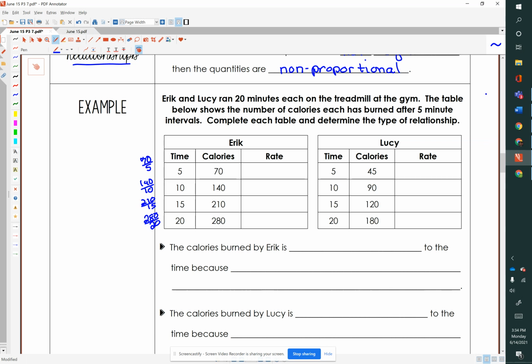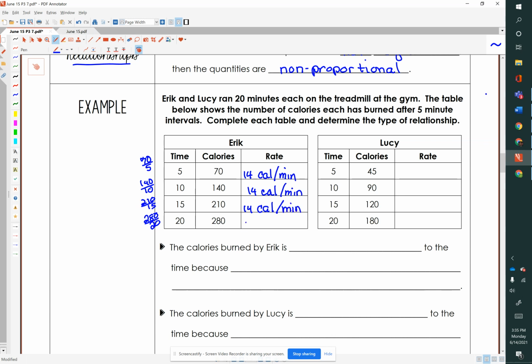When we divide 70 by 5, we've got 14 calories per minute. For the next set, 140 divided by 10, also 14 calories per minute. And 210 divided by 15 also comes out to 14 calories per minute.